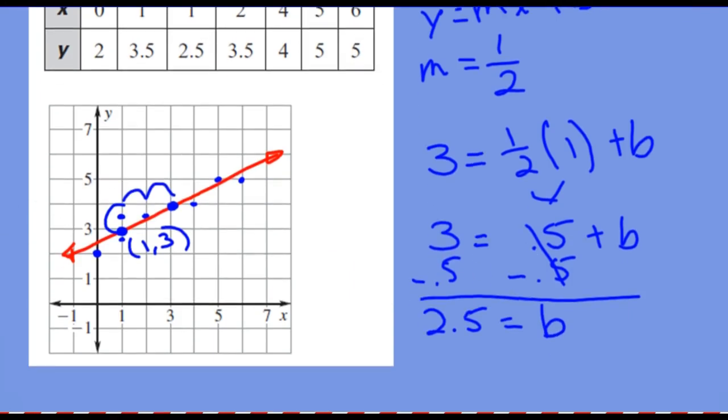So we can check to see if that's reasonable. If our line crosses at 2.5, that's pretty close, so that is reasonable. Our equation would be y equals 1/2 x plus 2.5.